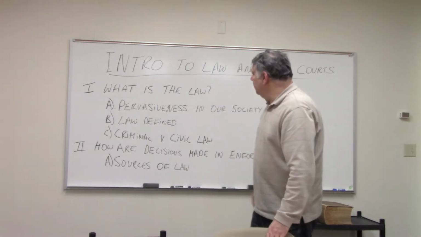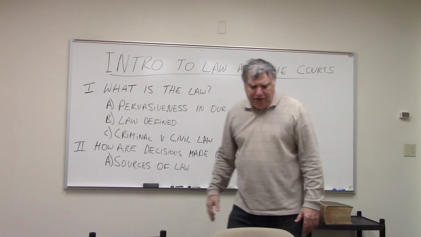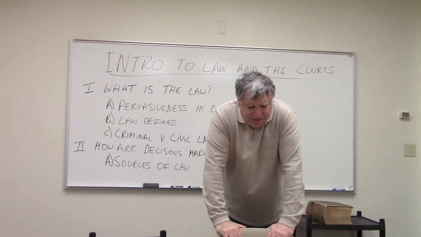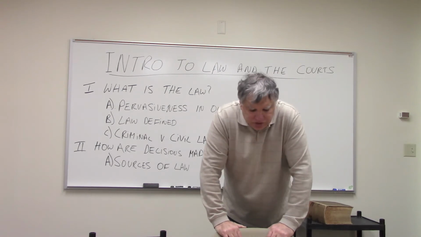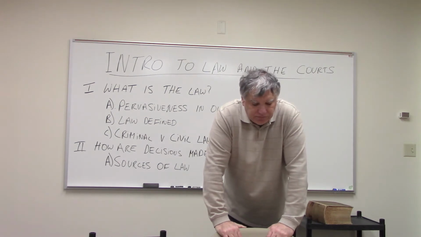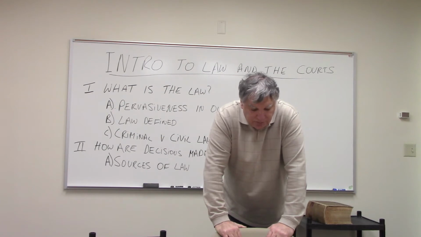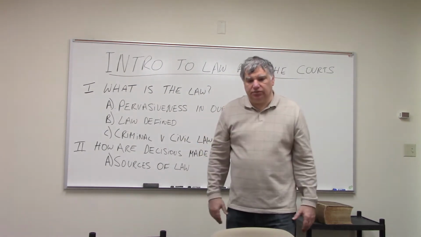So let's start with what is the law? We've already talked a little bit about the pervasiveness of law. So let's define it. Law has been defined as a uniform system of authoritative rules which govern and prescribe social behavior for people living within its jurisdiction.